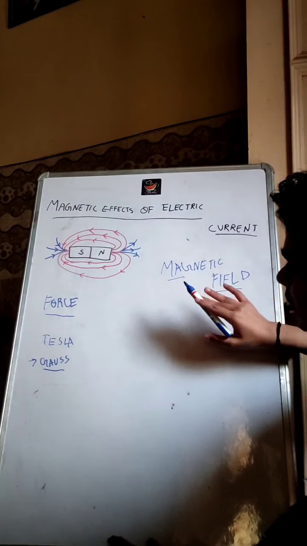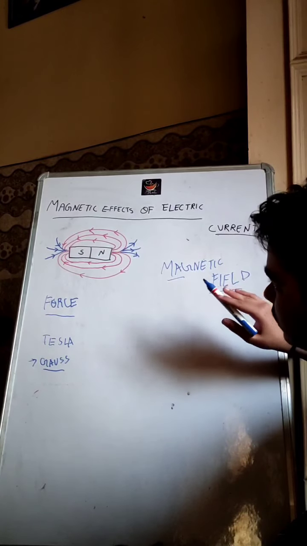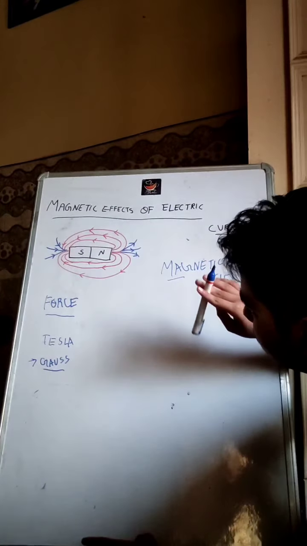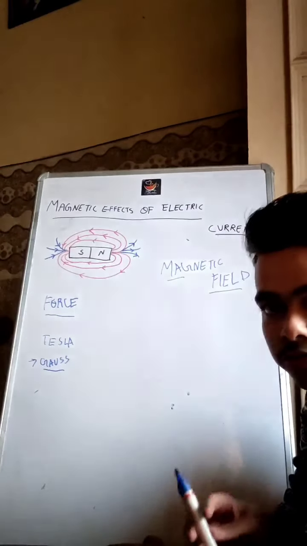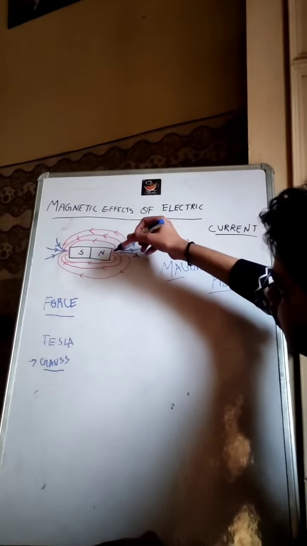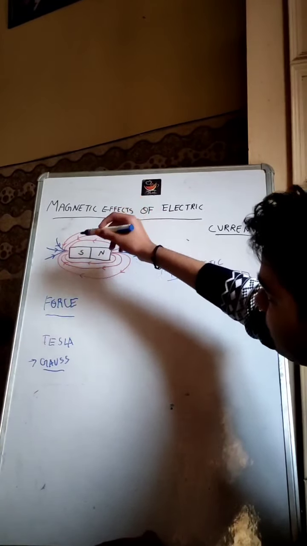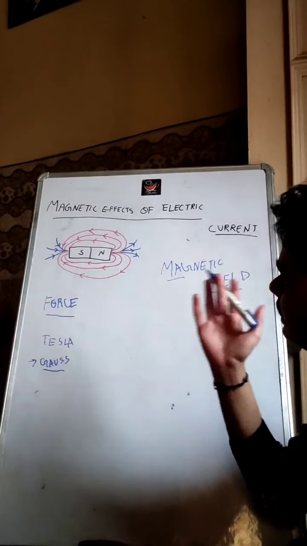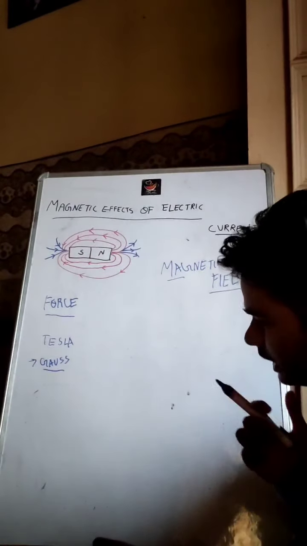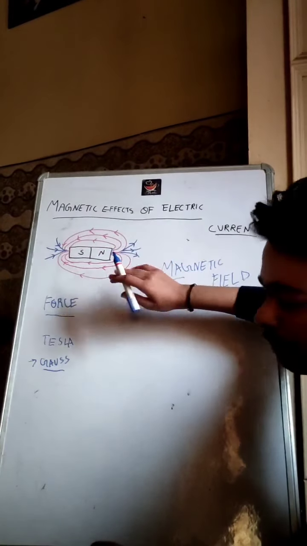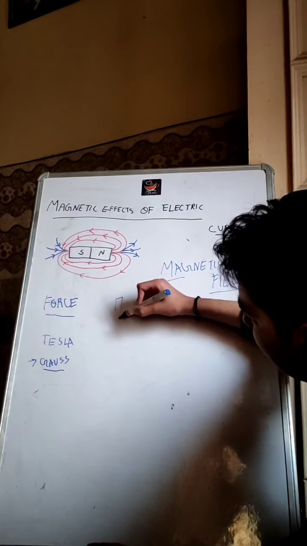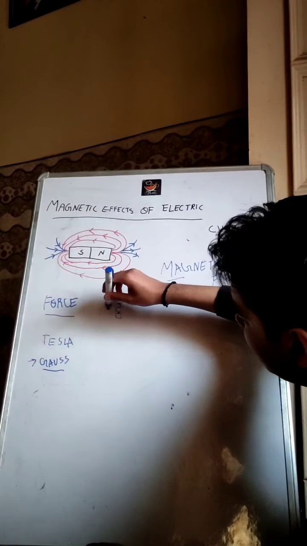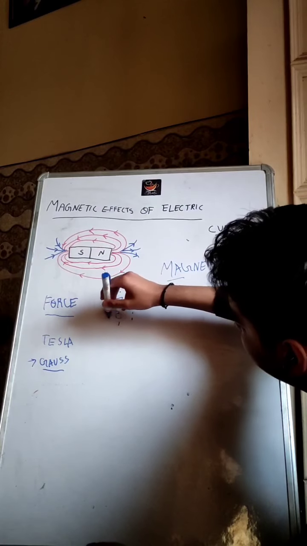Now, a magnetic field has certain properties, and in order to study the magnetic field, we draw magnetic field lines around the magnet. And now you must be wondering, how can we find magnetic field lines around a magnet? We can find them by using a bar magnet which has a north and a south pole and dropping iron filings all around it.